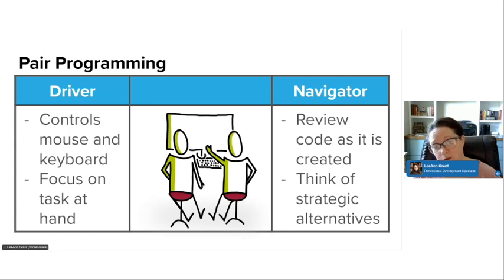The driver's role is to control the mouse and the keyboard and type out the code. They really are concentrating on solving the current task while keeping the navigator's plan of action in mind. The navigator's role is to read the problem and narrate the plan of action. The navigator is really checking for typos and other errors that the driver produces in the code.